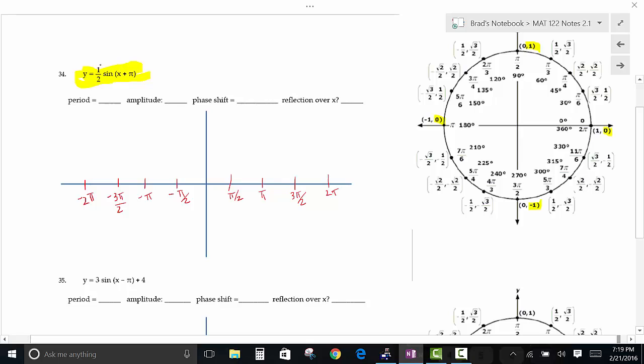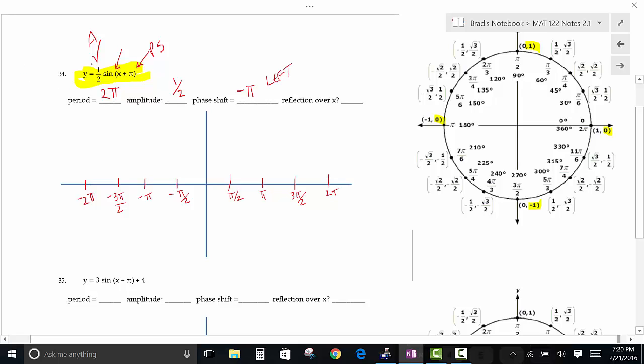Now let's go through and let's identify everything. So the period comes from the number in front of x, okay? That's 2 pi. We're not ready to change the period yet. The amplitude comes from that number. So the amplitude's 1/2. Phase shift is pi, but that's going to go to the left, so that's negative pi to the left.